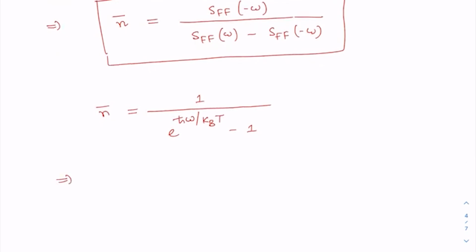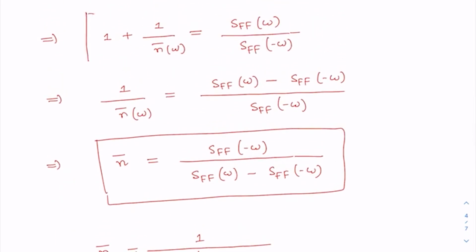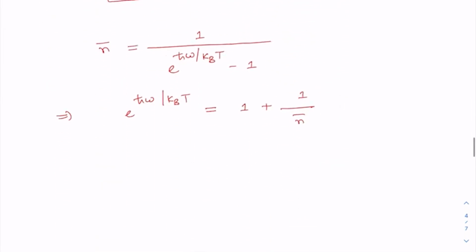So from here I can write e to the power h cross omega by kBT is equal to 1 plus 1 by n bar, which we have actually worked out. This expression I already worked out. So if I put it here, then I will get it as SFF omega divided by SFF at minus omega.